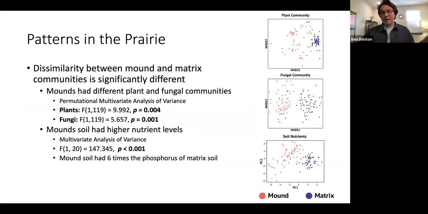They were more similar to other mound communities than they were to matrix communities. The soil also followed that same pattern, and mound soil typically had higher levels of nutrients than the matrix soil did. One particular thing to note that was interesting is the mound soil had 6 times the amount of phosphorus than the matrix soil did. So the mounds are just this super nutrient rich soil compared to the matrix soil.